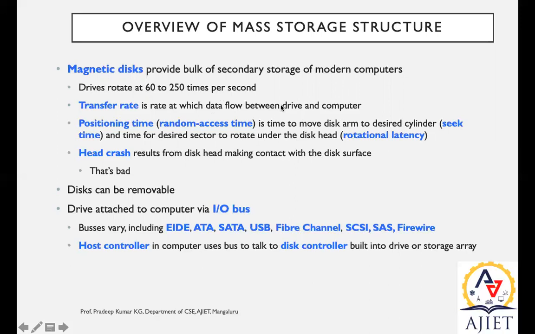When we say drive, it may be a floppy disk drive, a hard disk drive, or a pen drive, wherever we intend to keep our file. The data flow is either to the drive or from the drive to the computer.